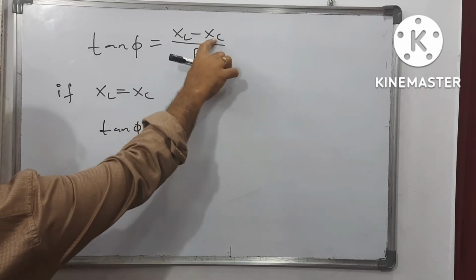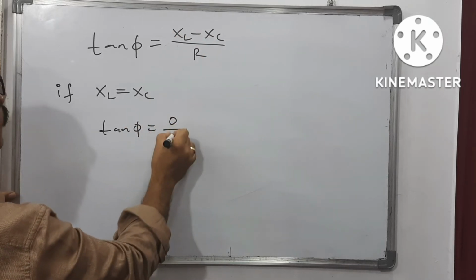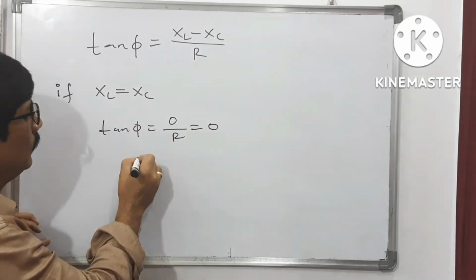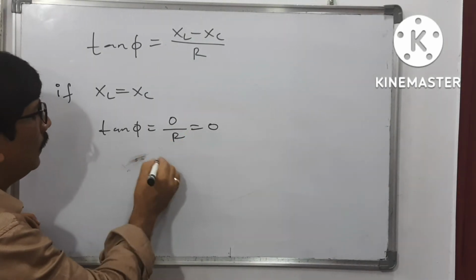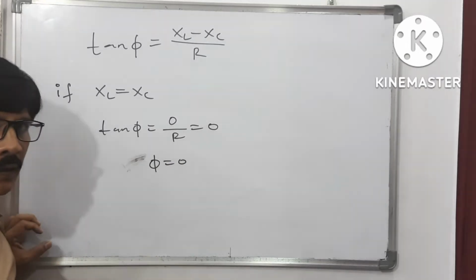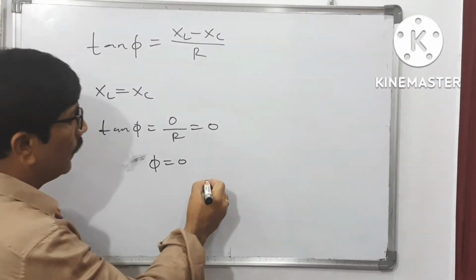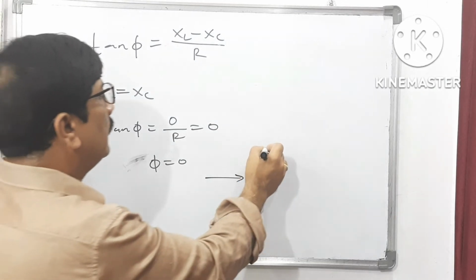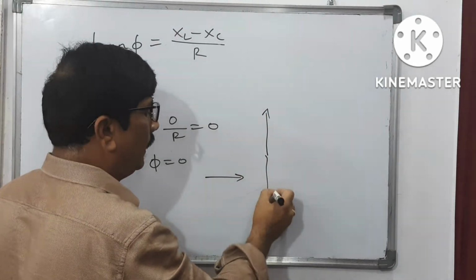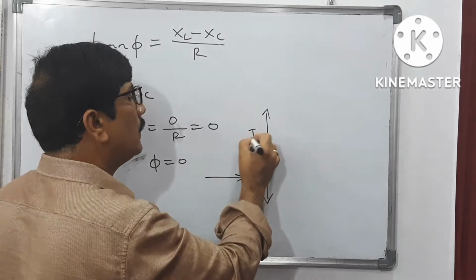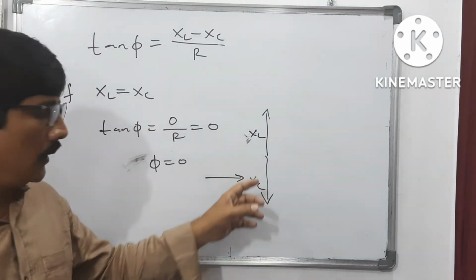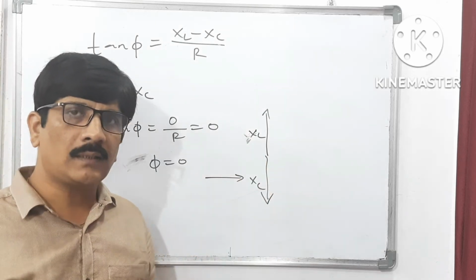XL minus XC are both the same, so you get 0 by R, so you get 0. That means tan phi is 0, so phi is also 0. Because inductive reactance and capacitive reactance are in opposite directions, they cancel each other.